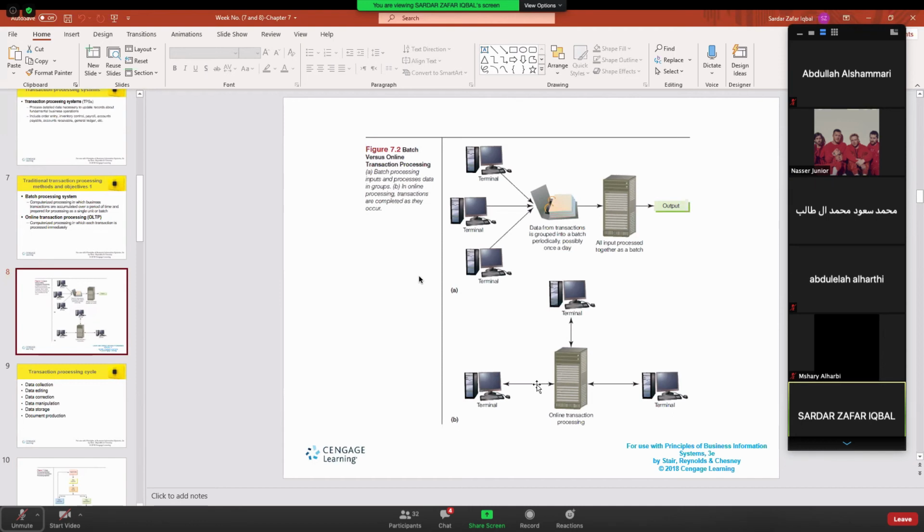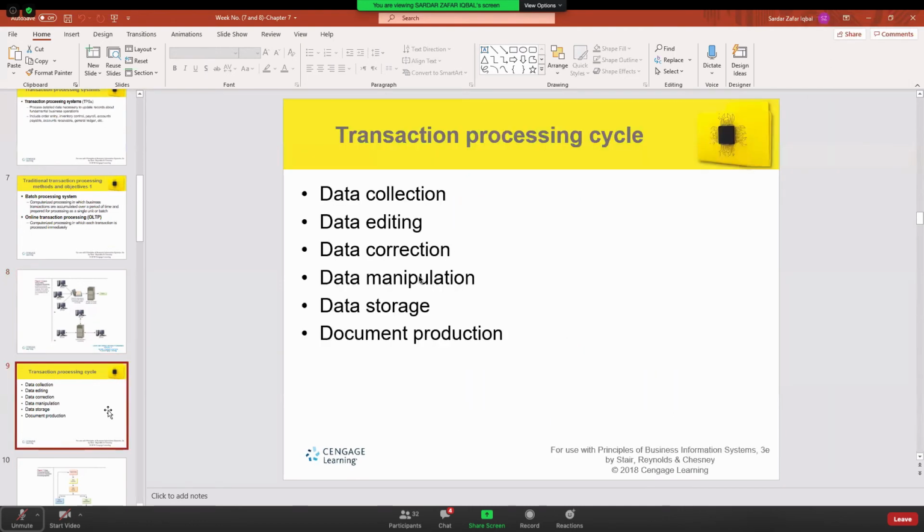Okay, moving to the next, the transaction processing cycle. So there are different steps in a cycle, how the transaction is performed.